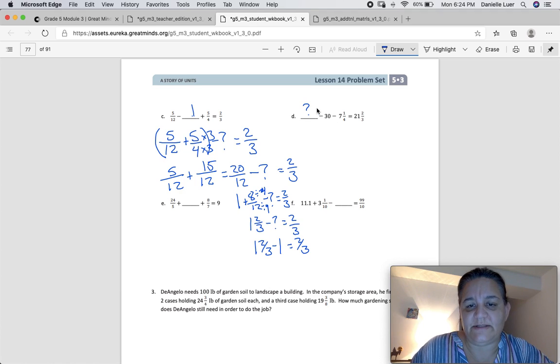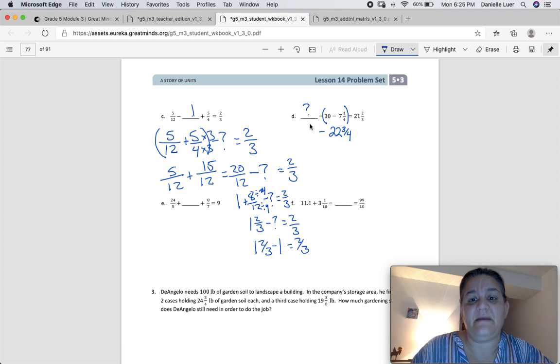I think I'm going to just go ahead and put a parenthesis around that. And whatever this is, I'm going to subtract it later. So 30 minus 7 would be 23. But remember, we have this fourth here. So actually, it's 22 and 3/4.